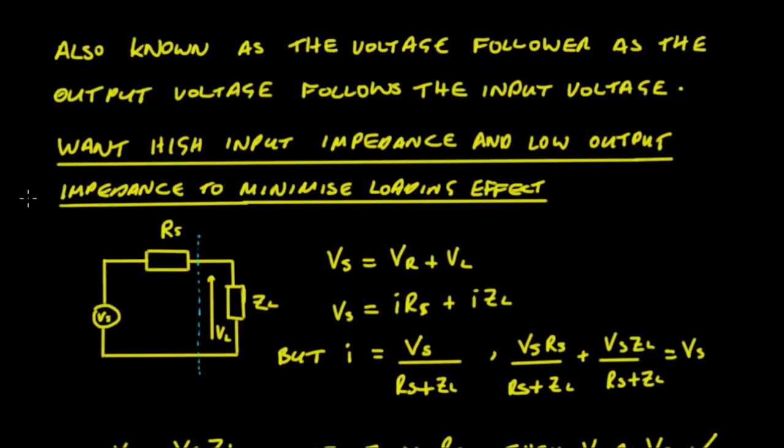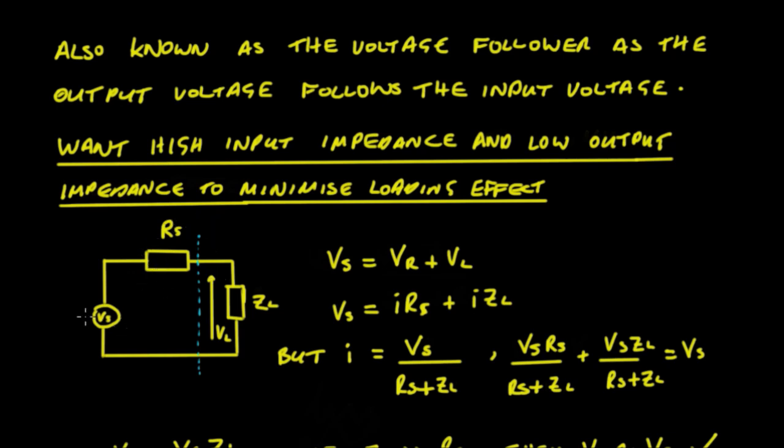Well, the whole point of it is that it minimises the loading effect, which happens due to the voltages being divided over a load and a source. Okay, so we'll explain that just now. If we had a tiny circuit like this, with just some voltage source, ideally you want all of that voltage to appear across that load. Now if that little resistor wasn't there, then all that voltage would appear across the load, but the voltage source isn't perfect, so it will have some sort of internal resistance.